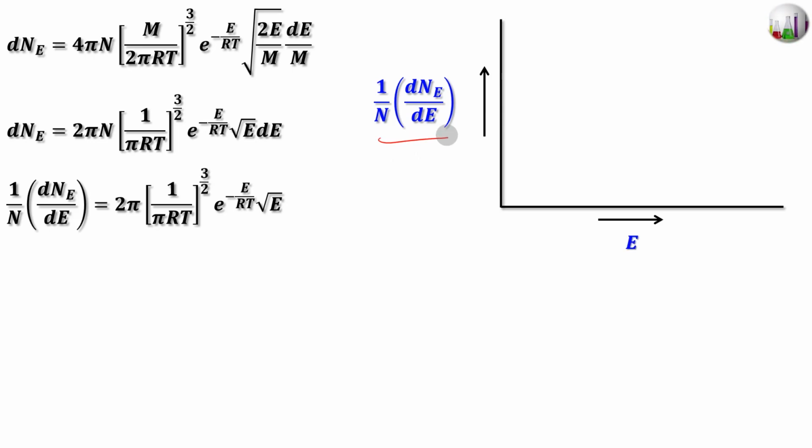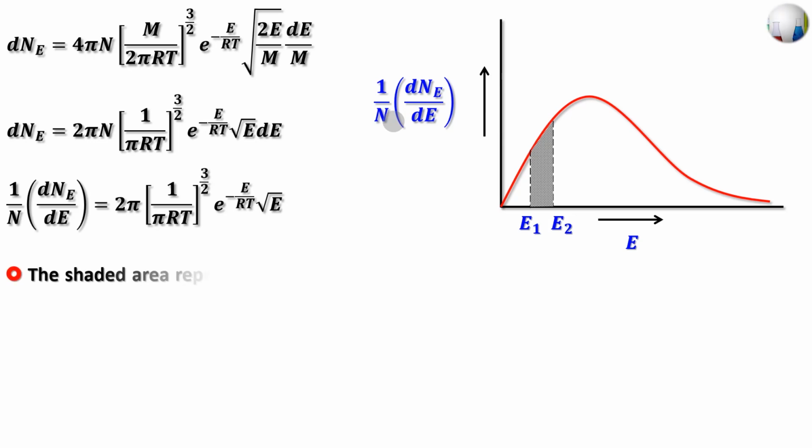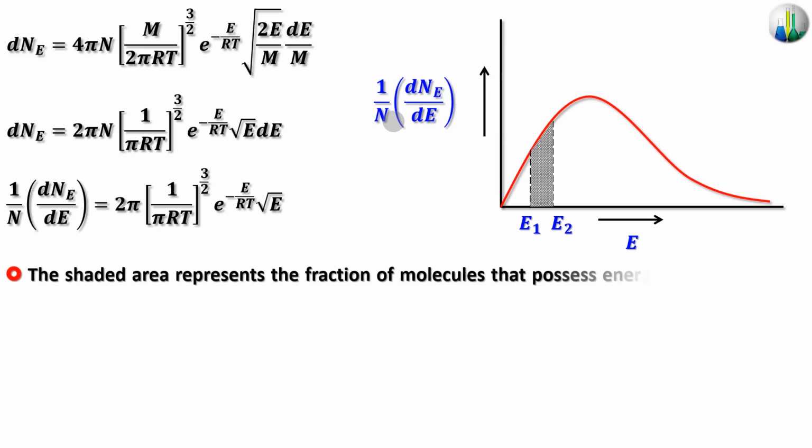This tells you the fraction of molecules having energies between E and E plus dE. So the graph is very similar to the speed graph. And if somebody were to ask you what this area means, it tells you the fraction of molecules having energy between E1 and E2. So that is what this means.